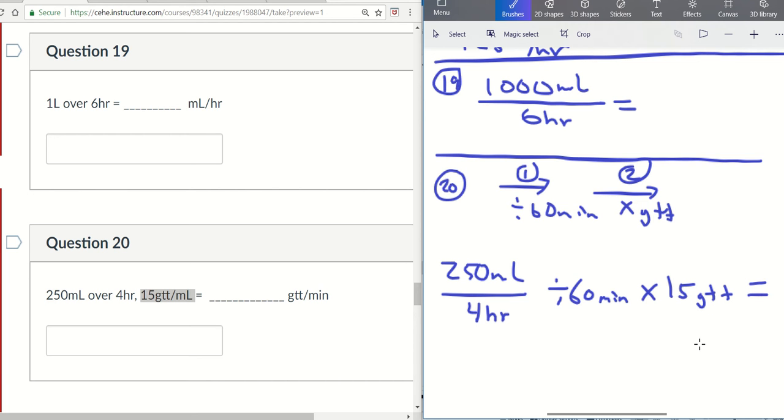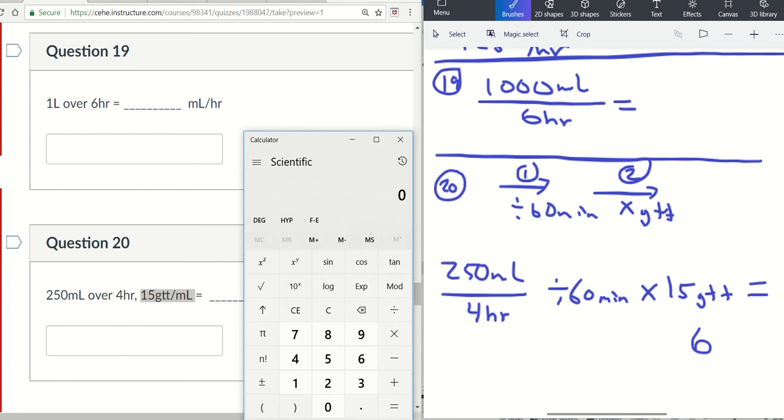Do you need to round up or down? I got 15.625. Yeah, I had that too. So round up or down?